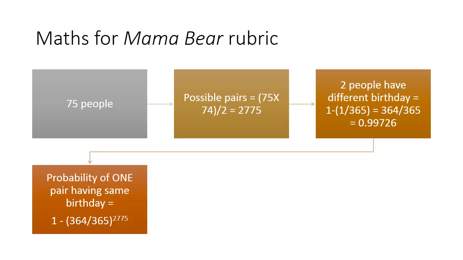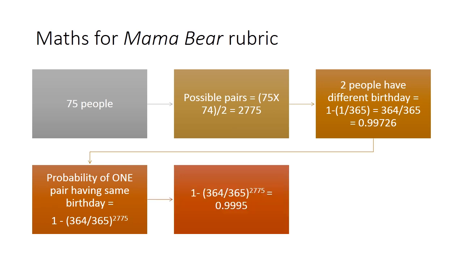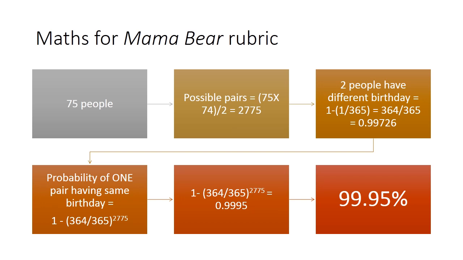The probability of having one pair having the same birthday is now that same fraction to the power of 2775, and that changes the whole game. When I do that, what I find is this number, which means 99.95% chances of finding another person, two people in the room having the same birthday.